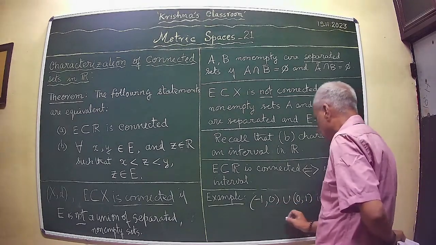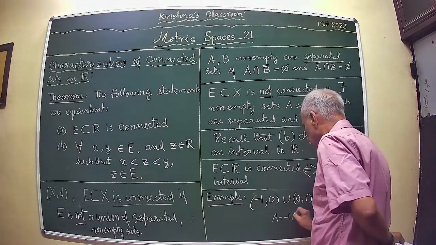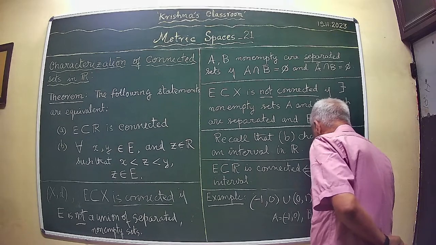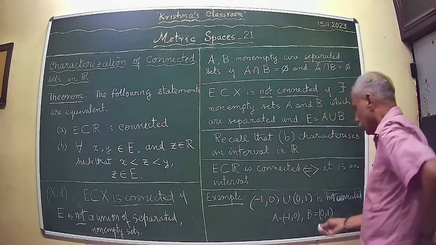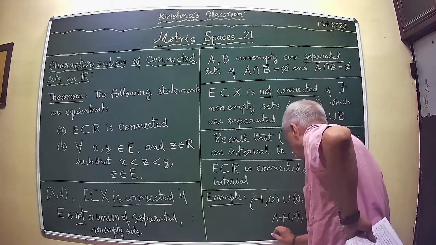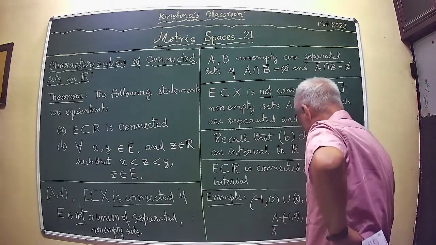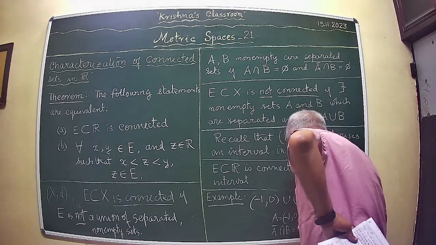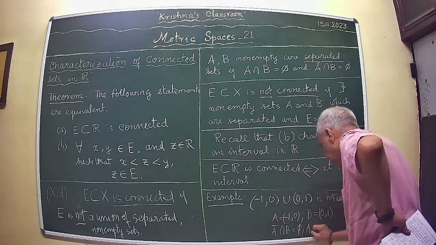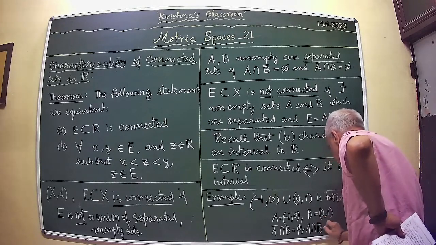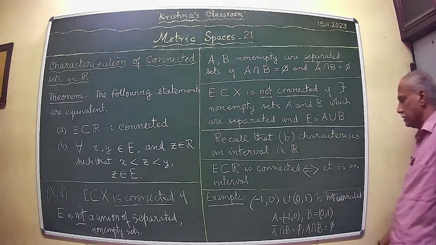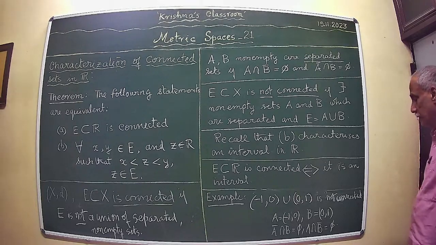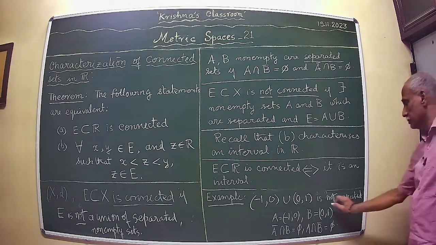Because I can take A as minus 1, 0 and B as 0, 1, and I have A closure intersection B is empty and A intersection B closure is empty. Therefore, they are separated. So I can write this as a union of two separated non-empty sets. Therefore, it is not connected.